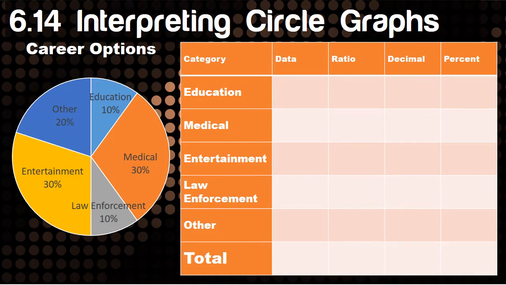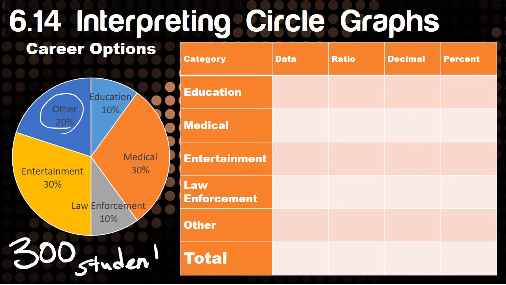So we have education at 10%, medical at 30%, law enforcement at 10%, entertainment had 30% of the people, and for those that are undecided, not sure, or some other random job they would like to do, they're in the other category here. The data also tells us that there were a total of 300 students that participated in this survey.